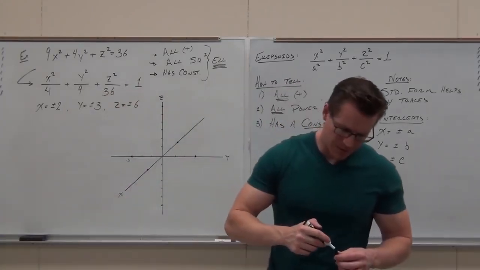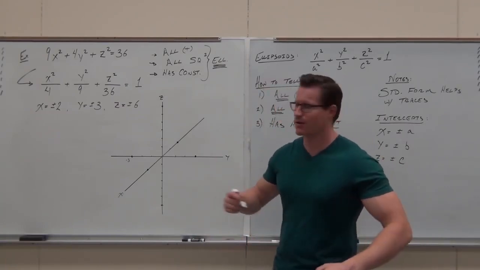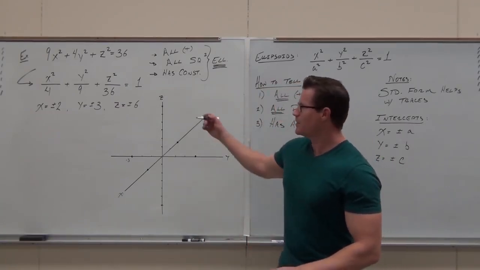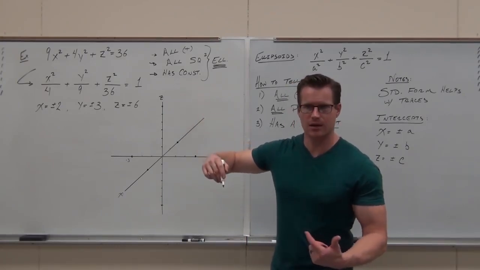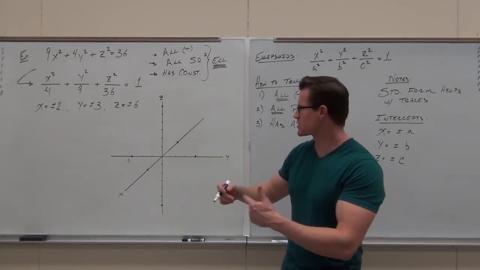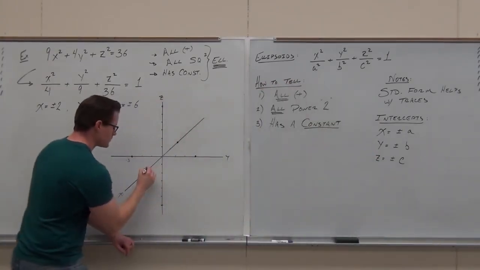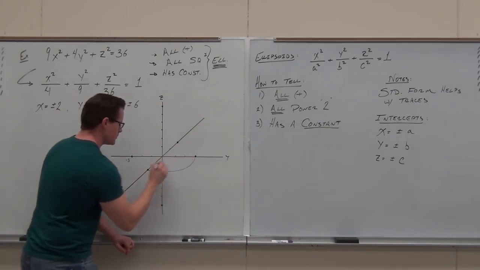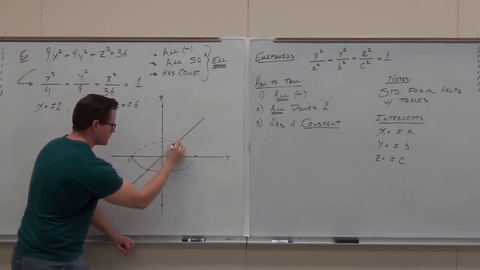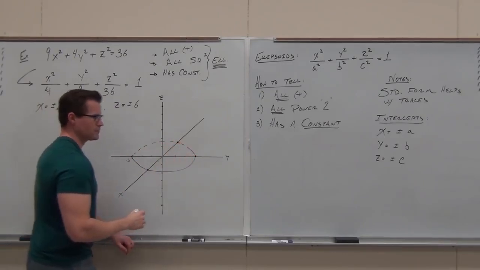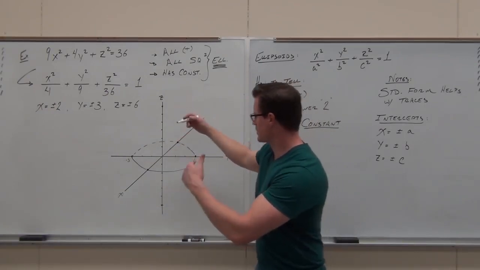When we're graphing them, look, graphing by hand is not the easiest thing to do, and my graphs aren't going to look that great either. The idea, though, is make every sort of ellipse that you can, and then it usually works out okay. So I'm going to start with the ellipse on the xy plane. Then I'm going to continue with the ellipse on the xz plane.